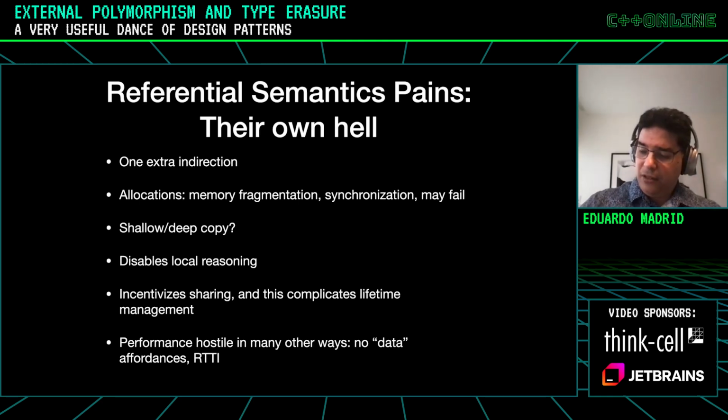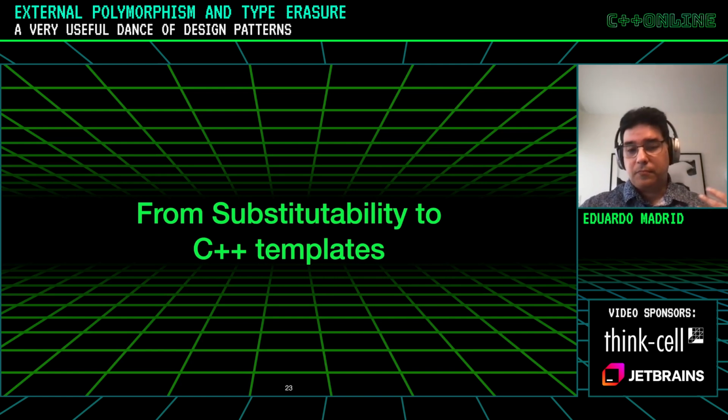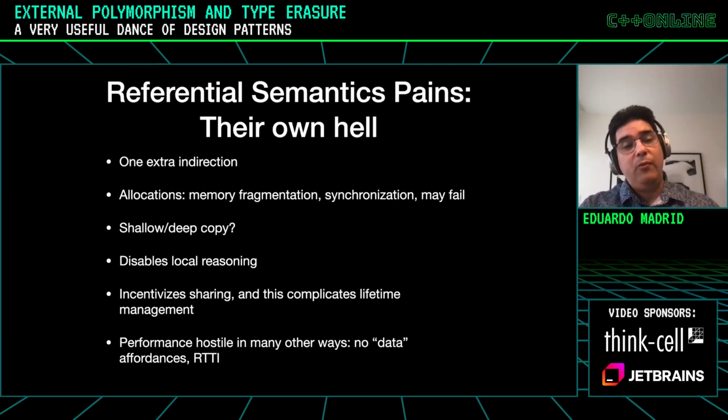So you cannot write code that is structurally sound, that guarantees at the level of the program architecture that things are correct. I was telling you that this incentivizes the sharing of state. This is performance hostile in many ways. Like, for example, there's no runtime polymorphic way to indicate a data member. You always have to go through the invocation of a function. And well, that's expensive. So we really want to do much better than that.